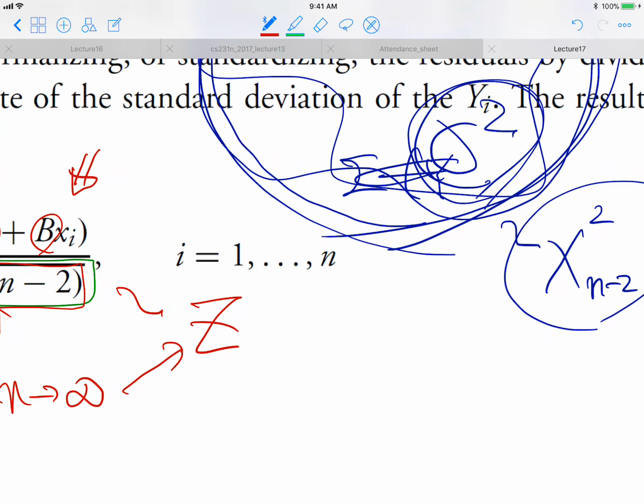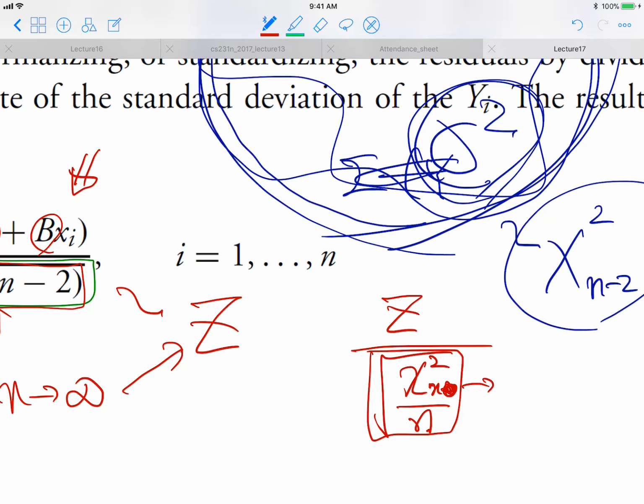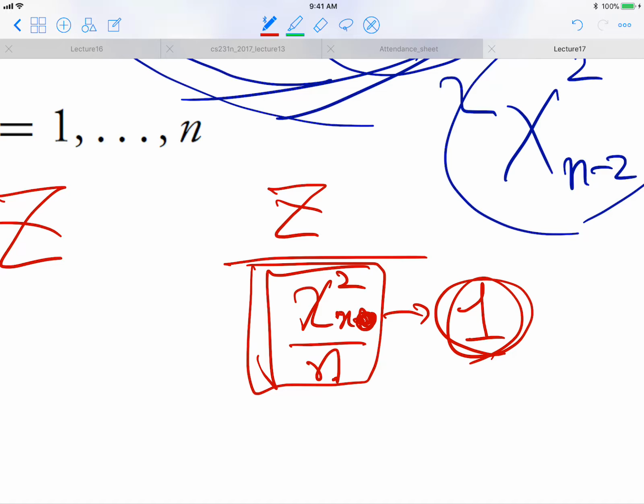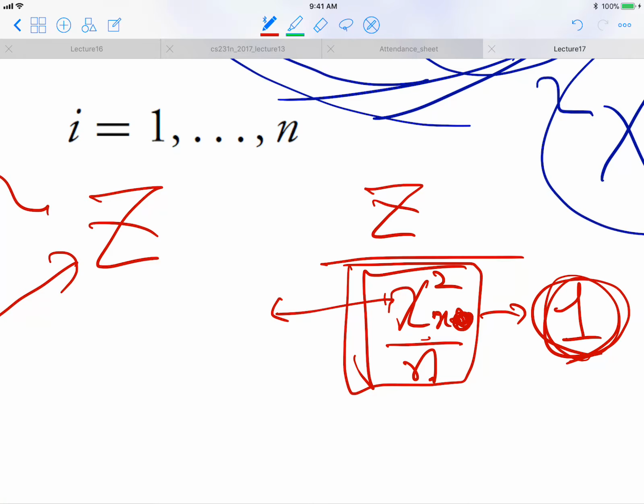So what was the definition of T? It is Z over the square root of a chi-square distribution with the degree of freedom n divided by n, right? So it can be viewed as the estimator of this unit variance, and it will approximately give 1, right? Because the chi-square distribution is the sum of squared random variables.